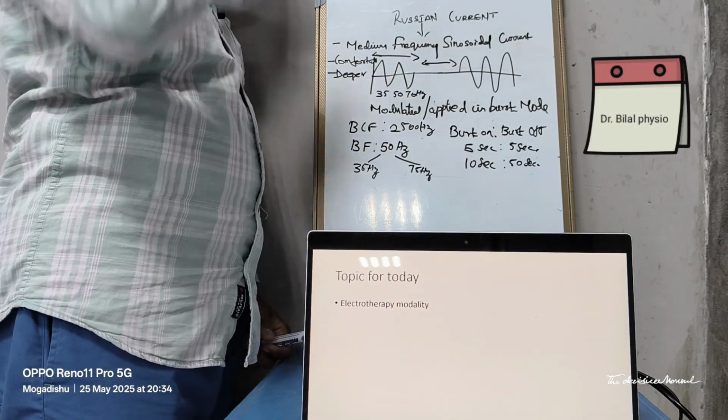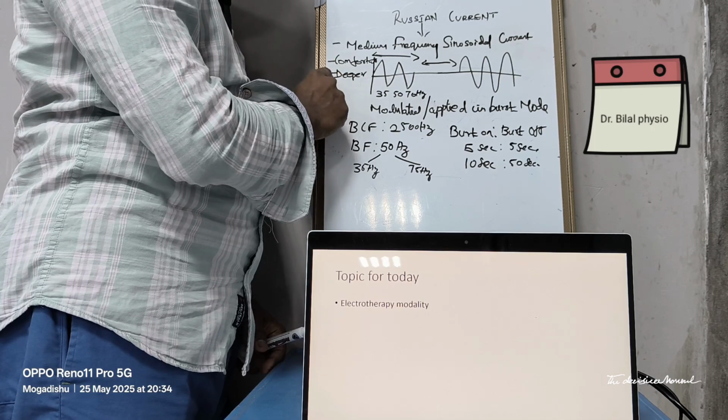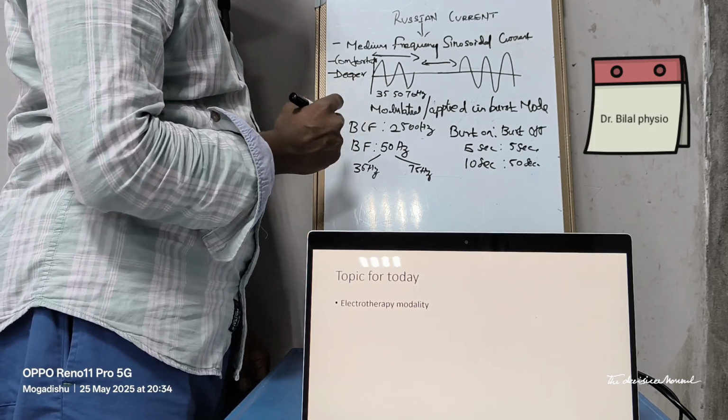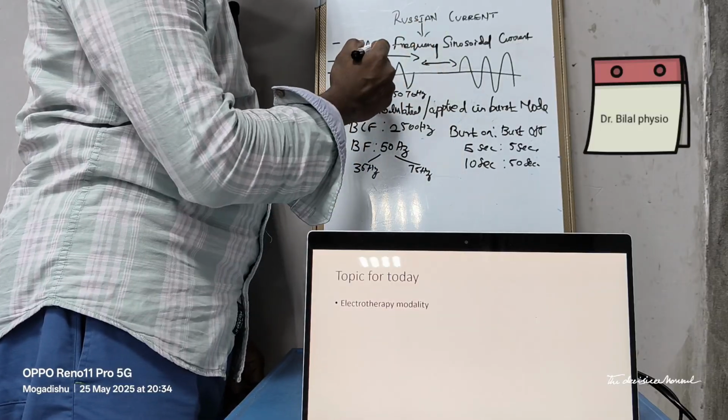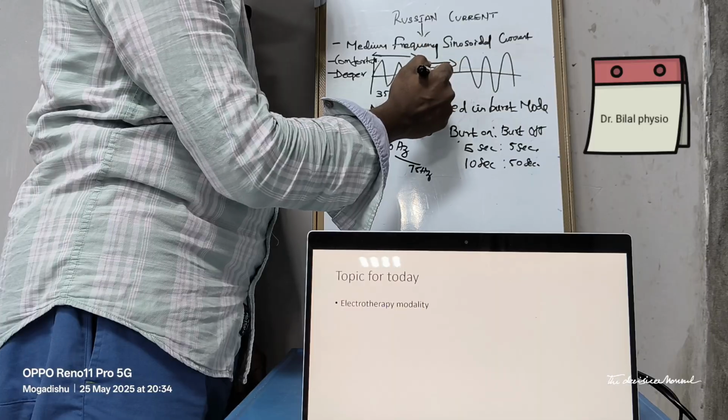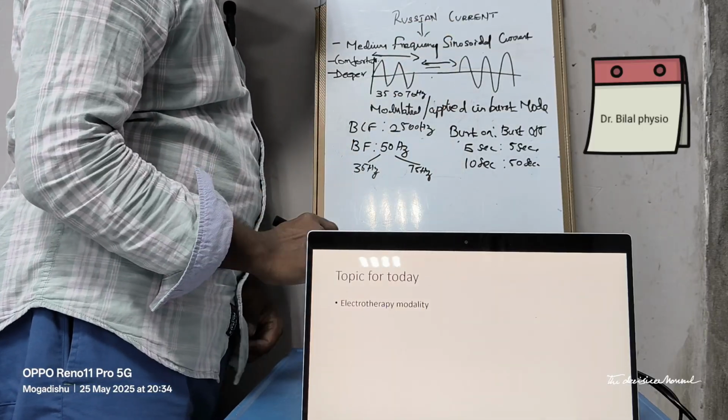As a medium frequency current, it's very comfortable and goes deep into the muscle. It's a sinusoidal current with a burst on time and an interburst interval, which is the burst off time.